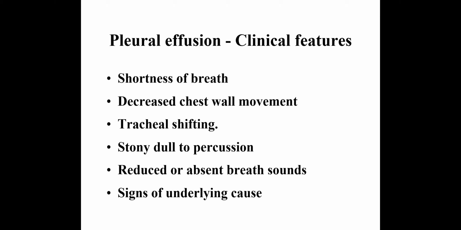What are the clinical features in patients with pleural effusion? Shortness of breath, decreased chest wall movement on examination, tracheal shifting, stony dull percussion note, reduced or absent breath sounds, and signs of the underlying cause.